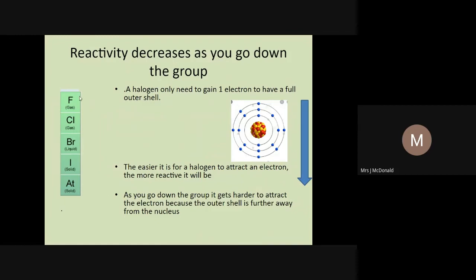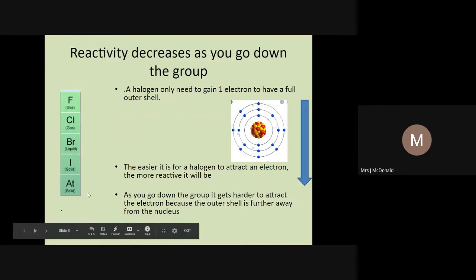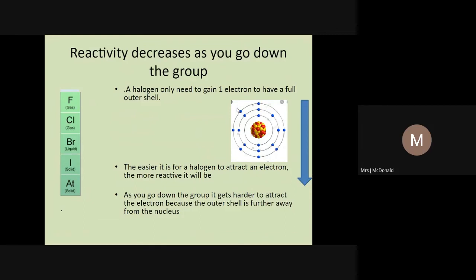A halogen, any one of these, only needs to gain one electron to have a full outer shell and make it stable. So the easier it is for the halogen to attract an electron, the more reactive it will be. But as you go down the group, it gets much harder to attract the outer electron because this outer shell gets much further away from the nucleus, and it's the nucleus that's bringing that attraction in.